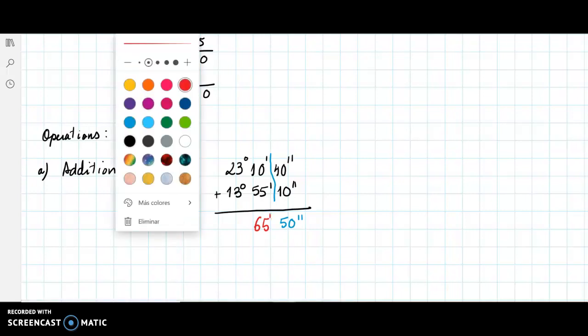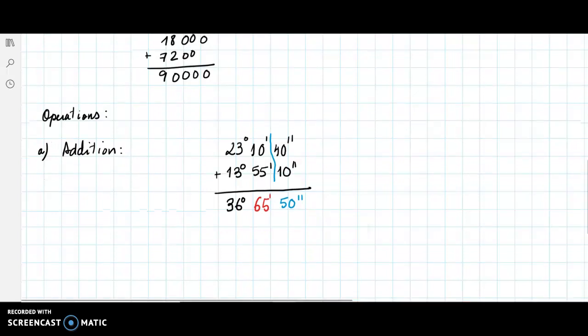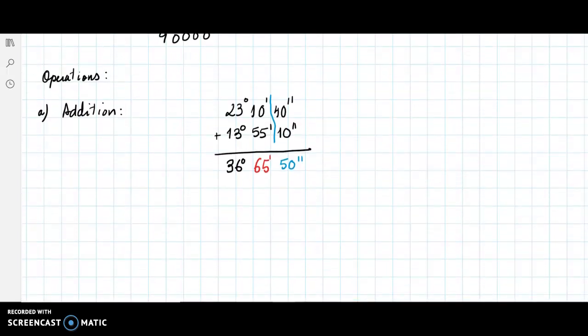And finally, I add the degrees, 36 degrees. So I get 36 degrees, 65 minutes, and 50 seconds. As this number, 65, is greater than 60, inside this number there is 1 degree.